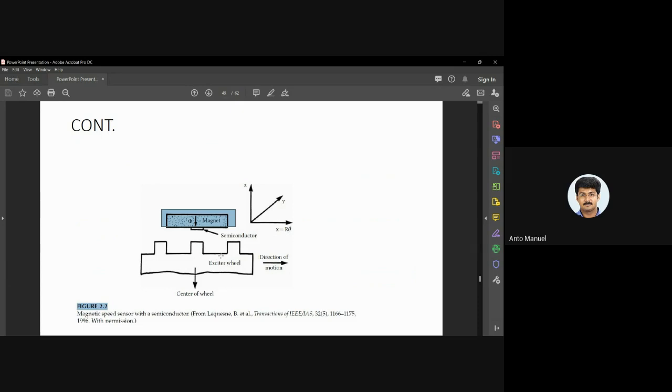If a tooth comes near the semiconductor material while moving, it will change the flux linking to that material. We have already discussed that the teeth and dip structure will change the magnetic flux.